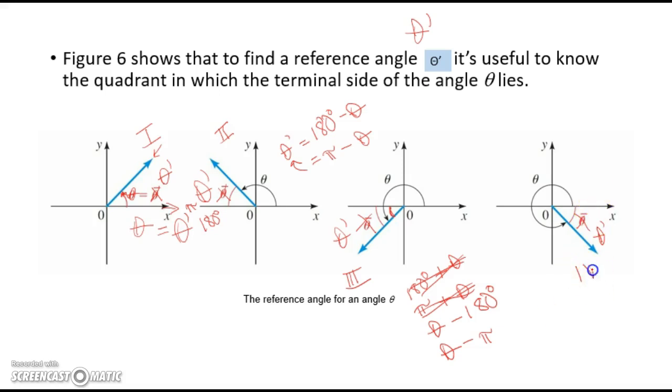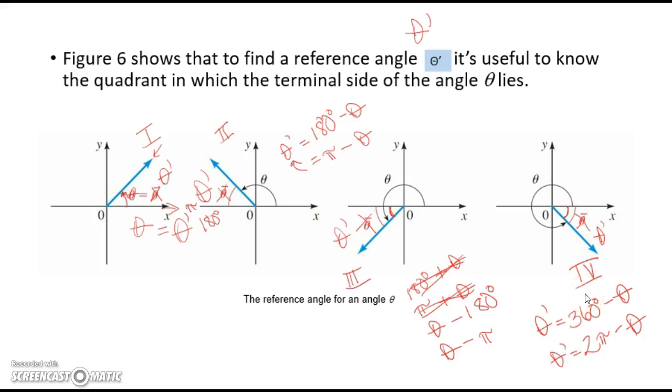In quadrant 4, in order to get this reference angle, we're going to take 360 and subtract theta. So we take a full revolution and subtract the original angle measure out of it, or 2 pi for radian measure. And that's going to give us theta prime.